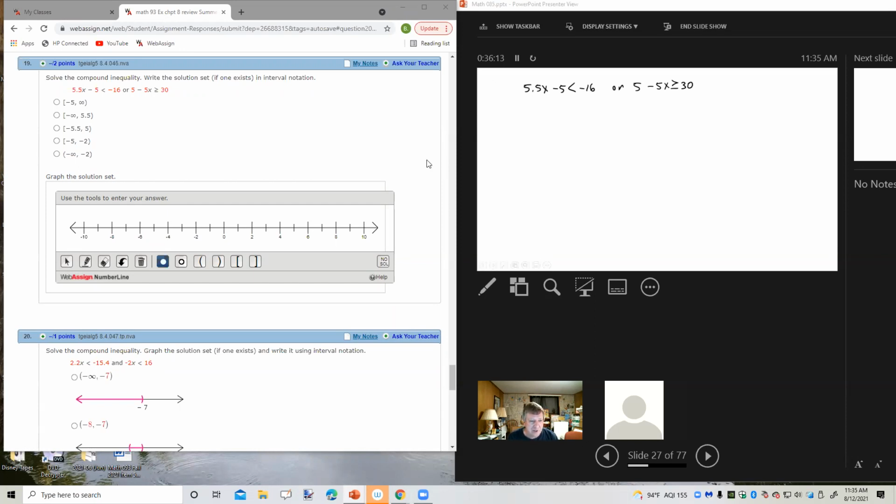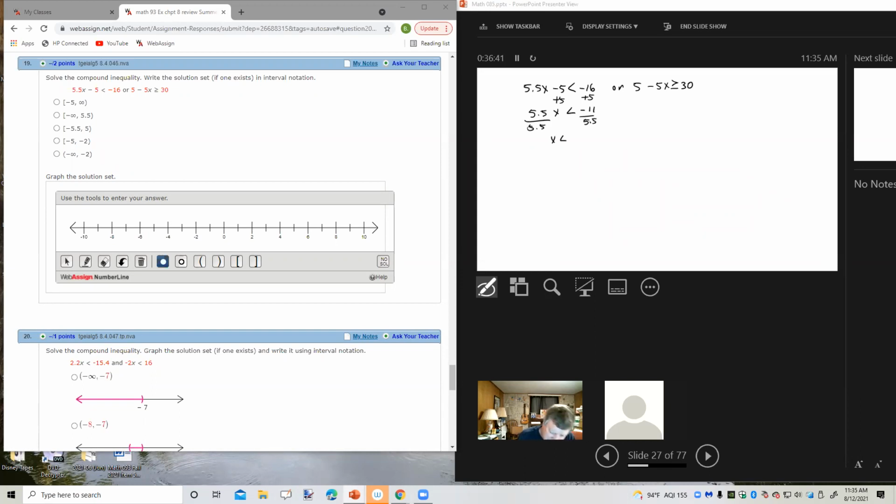So I stopped to look and see that I noticed that on my graph, the scale is not in decimals. Okay. Well, let's see. Let's take this first inequality. I'm going to add 5. So I get 5.5x less than negative what? 11. Okay. I could clear the decimals, but I'm just going to go ahead and divide both sides by 5.5.